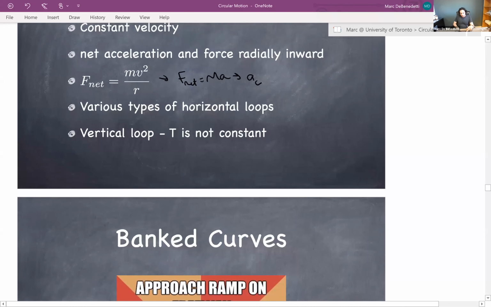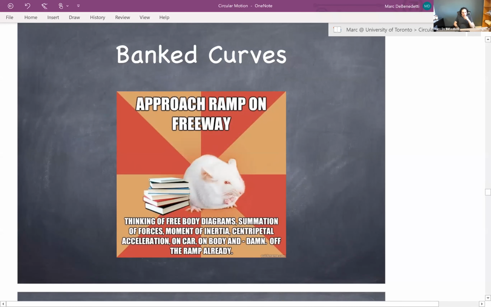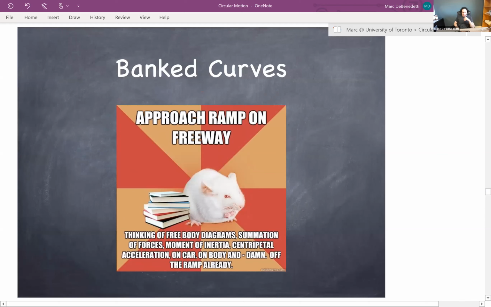Okay, this brings us to our last topic in circular motion. It's banked curves. A lot of students find this difficult, and I'm not sure why. It's really not that much different. It's still free body diagram, F net equals ma. But really what a banked curve is, we saw an example of on a horizontal road, a car turning.